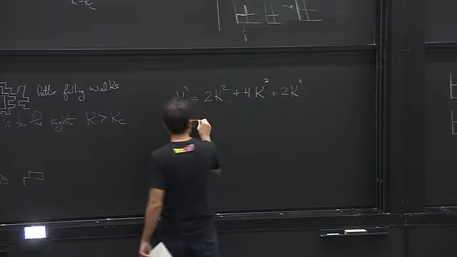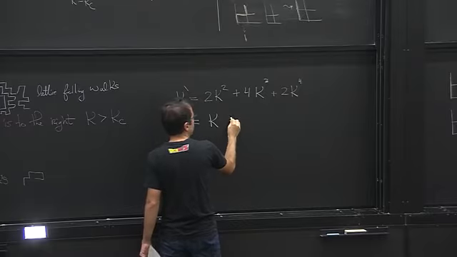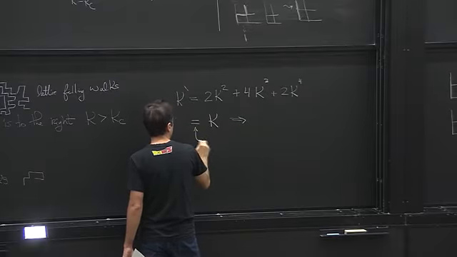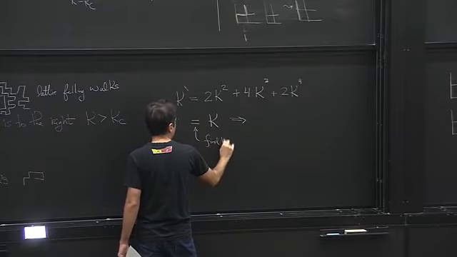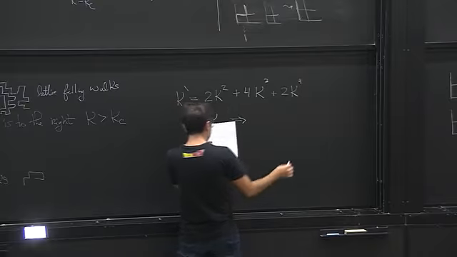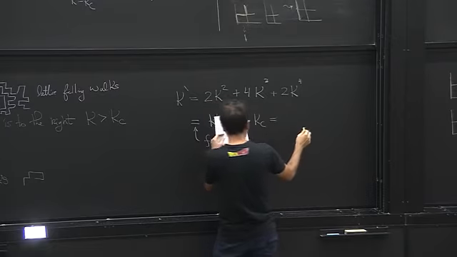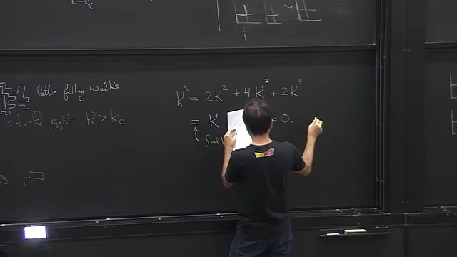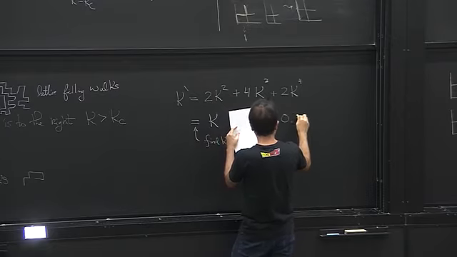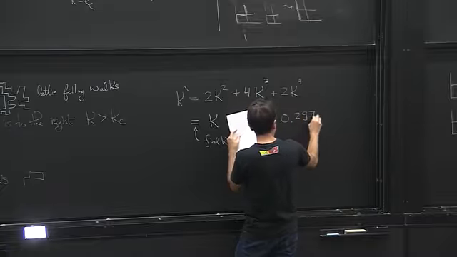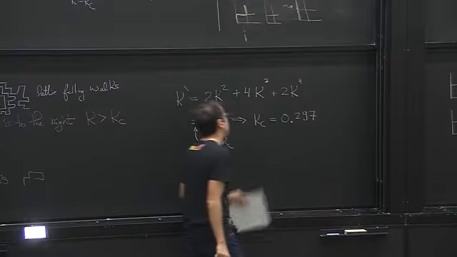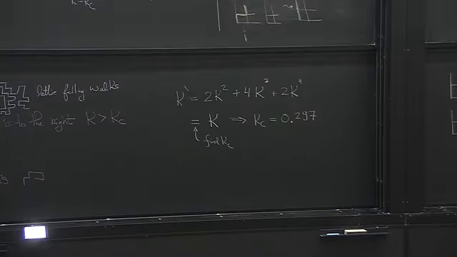And if you impose that this is equal to k, this is to find the critical temperature, this gives you that the critical value Kc is 0.297. Okay?